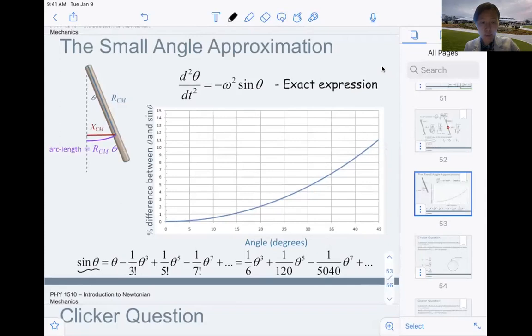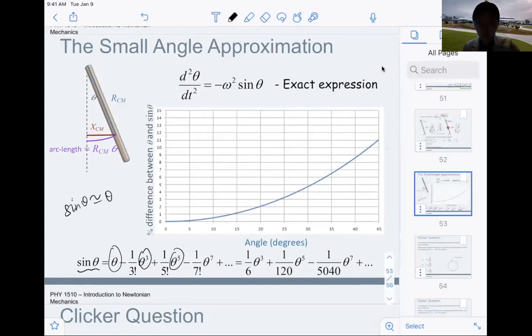So when theta is small, then theta to the power of 3 and all of these are higher order terms, very small and can be neglected. You only need to keep the first order. So sine theta is approximately equal to theta when the angle is small. That's why we could replace sine theta with theta in our equations of motion.